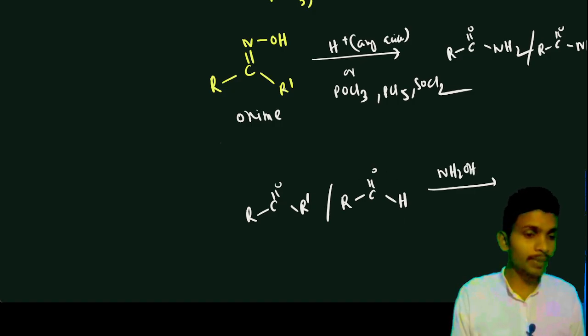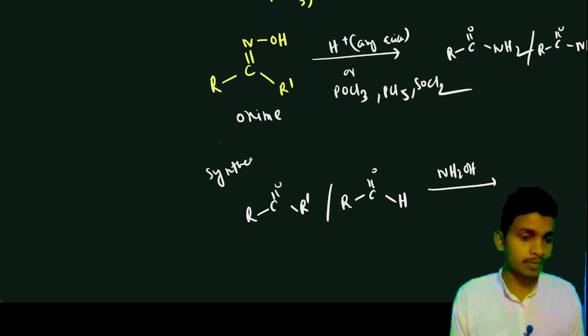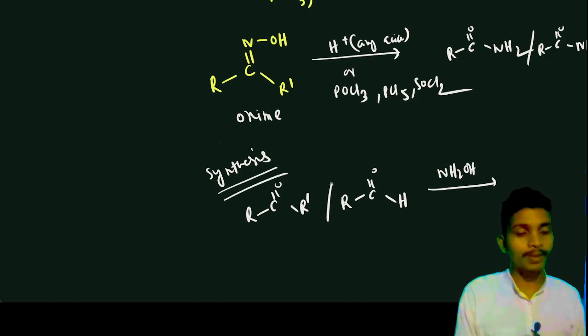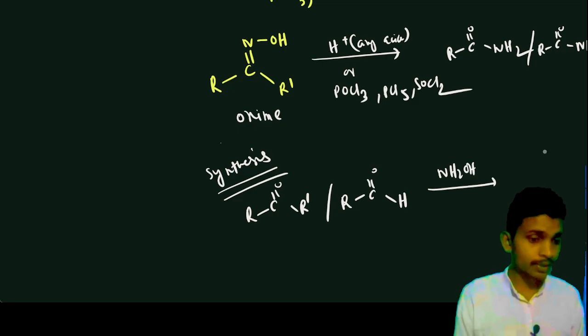From this we will make the oxime. So this is the synthesis of oxime. Sometimes they will give ketones or aldehydes and NH2OH, then we will get the oximes.